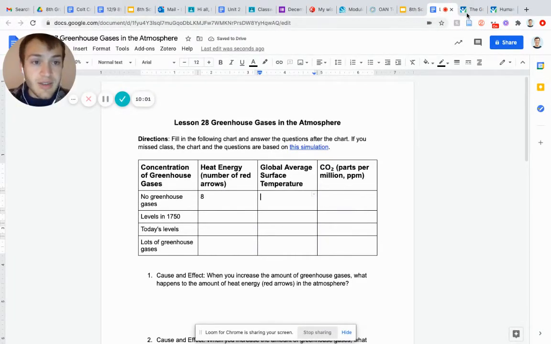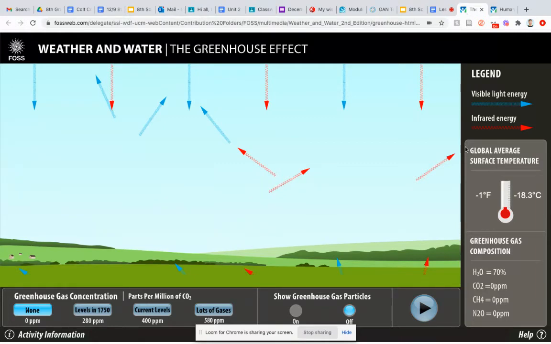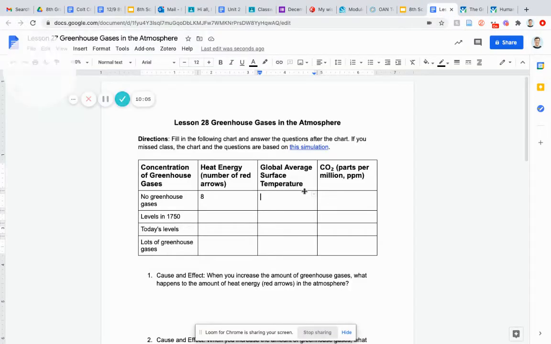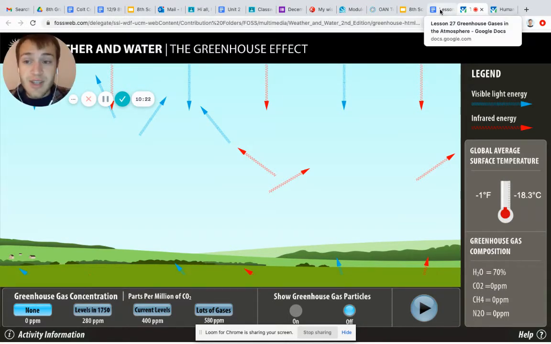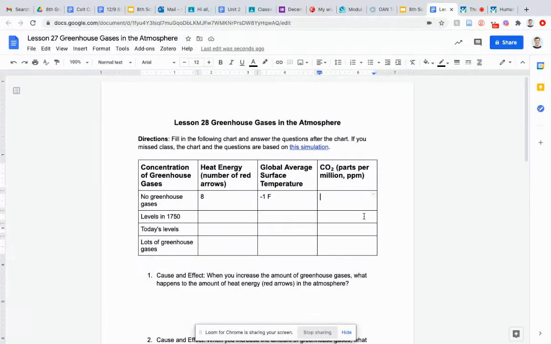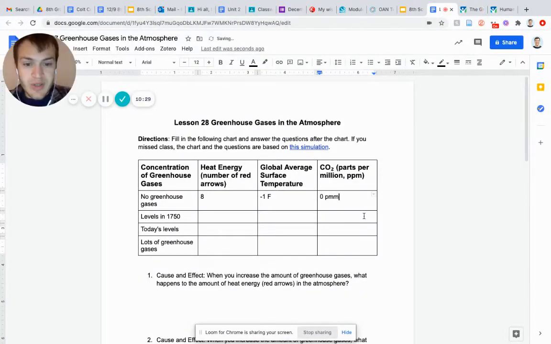The global average surface temperature is -1 degrees Fahrenheit. The unit's really important. And then lastly, CO2 in parts per million. We can see here that the CO2 is 0 parts per million. There's no CO2 in this simulation right now. So we're going to write 0 parts per million.